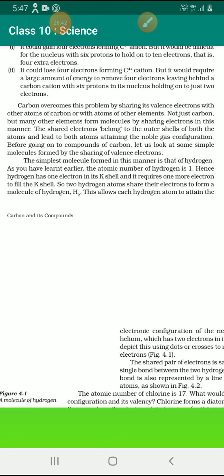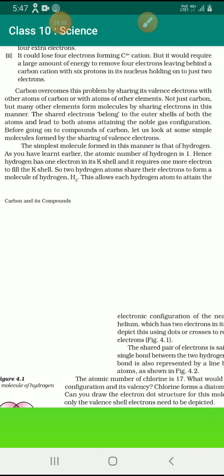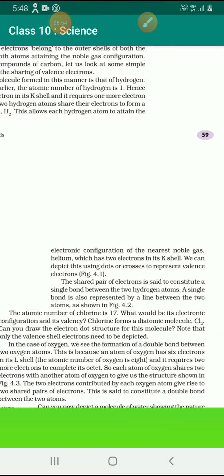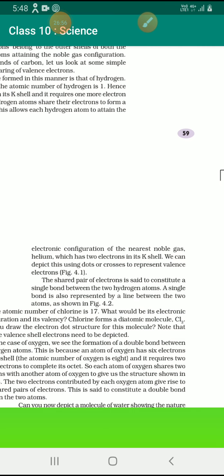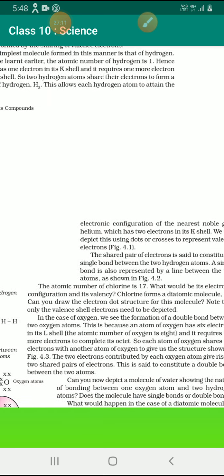So two hydrogen atoms share their electrons to form one molecule of hydrogen, H2. This allows each hydrogen atom to attain the electronic configuration of the nearest noble gas, helium, which has 2 electrons in its K shell. Helium is He, 2, right? We can depict this using dots or crosses to represent the valence electrons, as you can see in the picture.